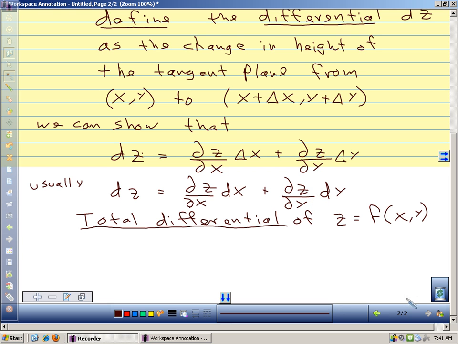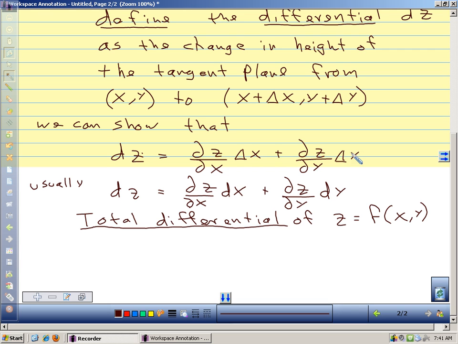And again, I want to emphasize that at a particular point, dz, our total differential, is a linear function of x and y. We're using a linear approximation to our small change at a particular point. As delta x and delta y get smaller, dz is a better and better approximation to delta z.